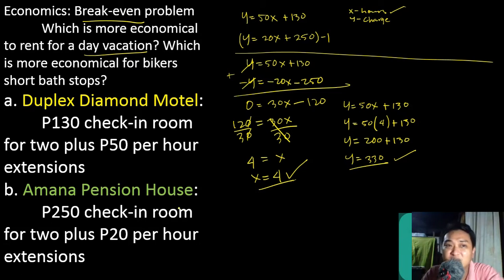Ngayon ganito, paano naman natin malalaman kung sino yung mas mahal para sa mga bakasyonista at sino naman yung mahal para dun sa mga bikers na ang intention lang is for short bat stops? O pwede natin baliktarin.